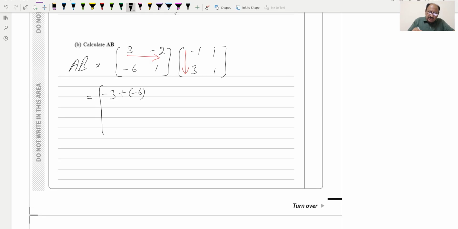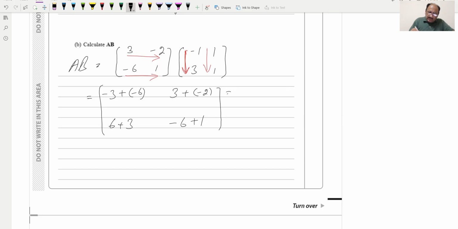Next we can write first row and second column, so it will be 3 into 1, which is 3, and minus 2 into 1 will be minus 2, we will write like this. And next, second row first column: minus 6 into minus 1 will be plus 6, and plus 1 into 3 will be 3, and minus 6 into 1 will be minus 6, and 1 into 1 will be 1.